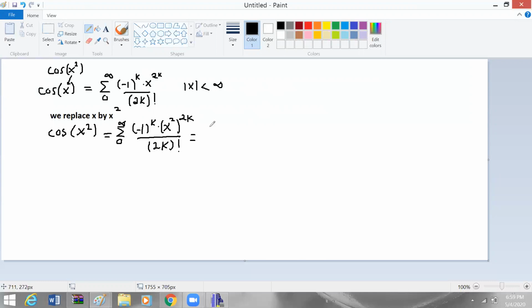And we can have the series that go from 0 to infinity, and this guy will be (-1)^k. x to the 2 times 2k, because we need to multiply the powers together. So that becomes x to the 4k over 2k factorial, right? And so we have no obligation for that part.